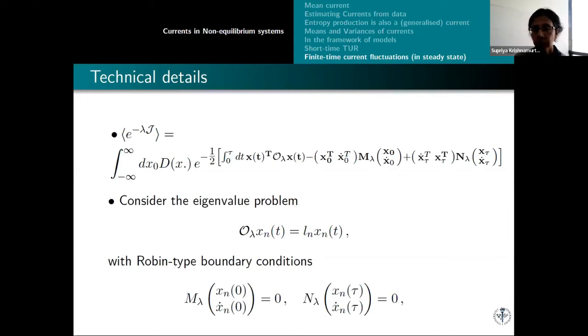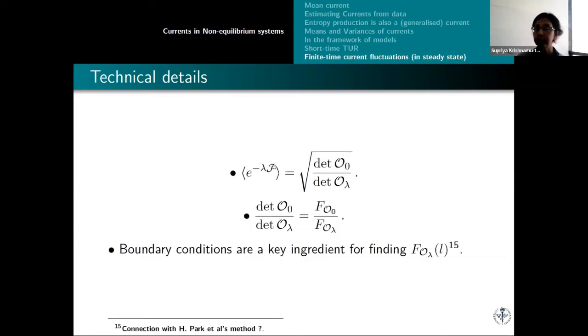For a functional determinant that's somewhat harder, but it was done by other people. This is a technique that we used, and I'll give you the references in the next slide. We want to get this ratio of the two determinants. What was shown in earlier work is that this ratio of determinants is equal to the ratio of two analytic functions, which have poles at the eigenvalues of this operator.